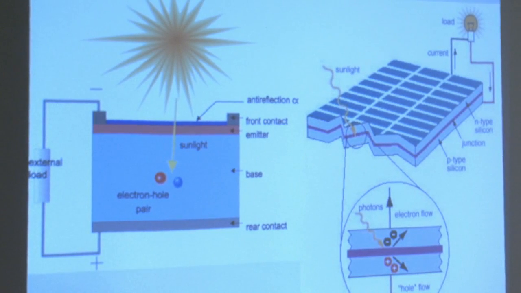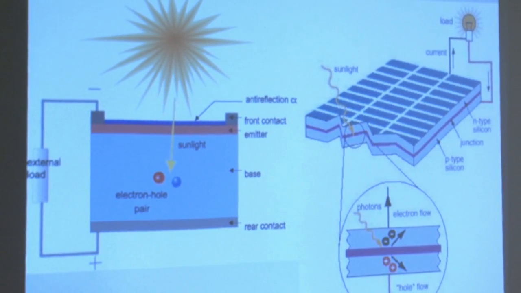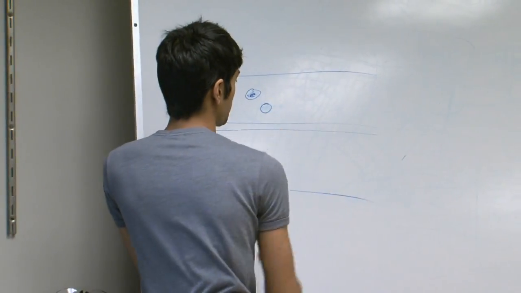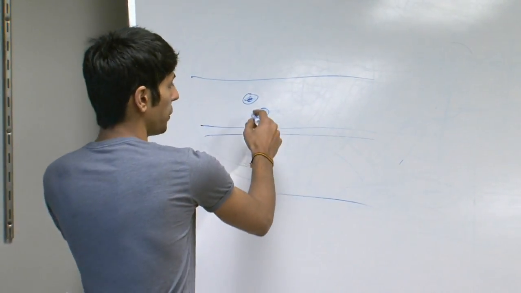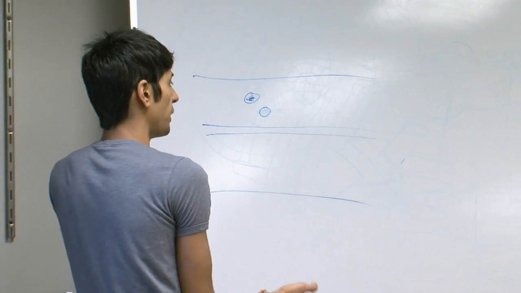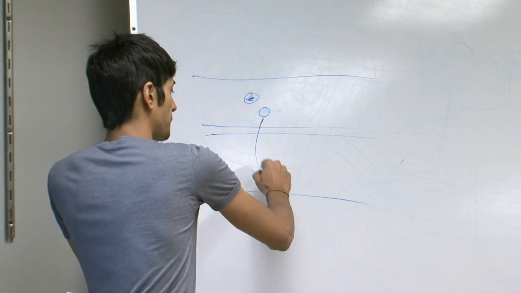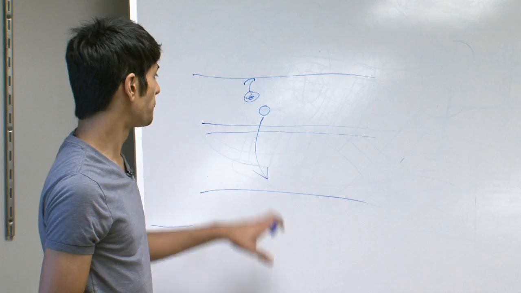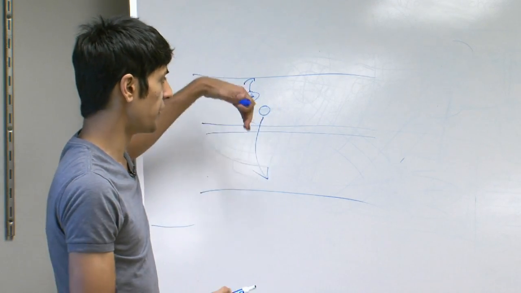So one of your sides is more positive and one is more negative. When you create this electron hole pair, they're going to be pulled toward opposite directions, based off of drift.